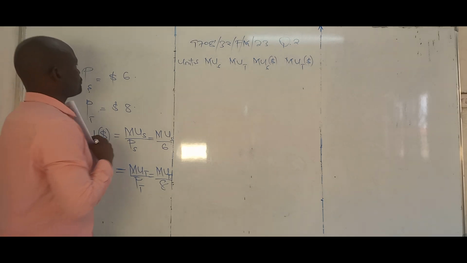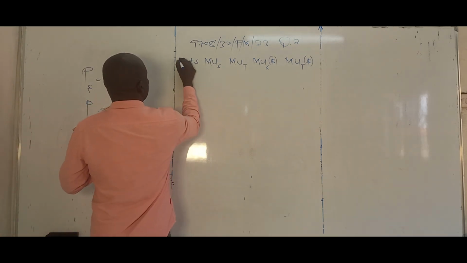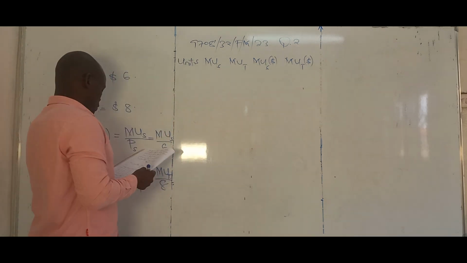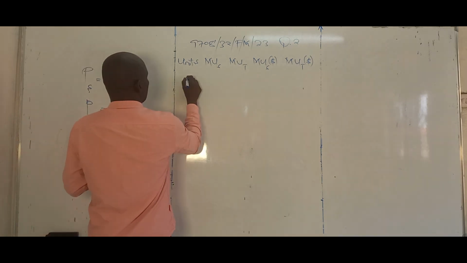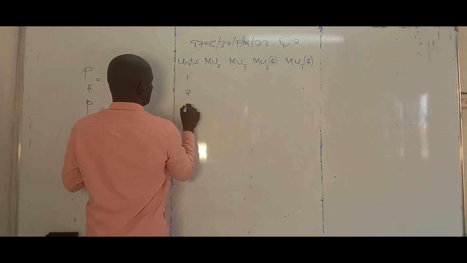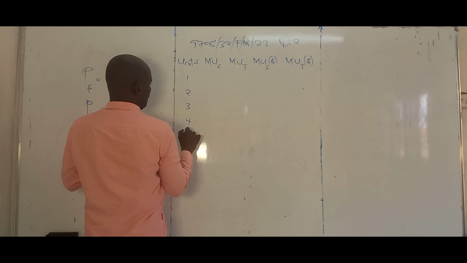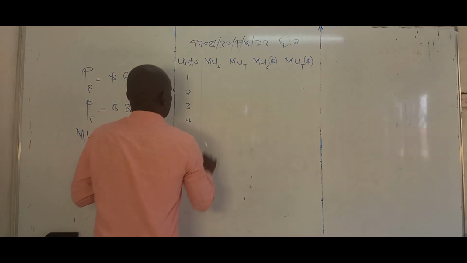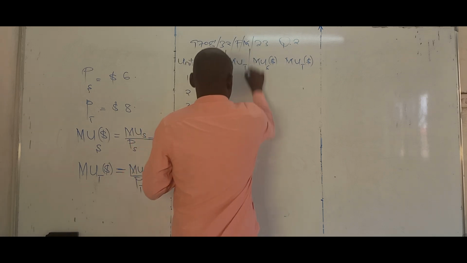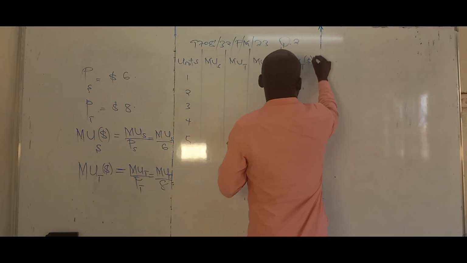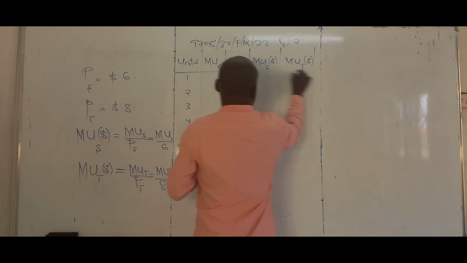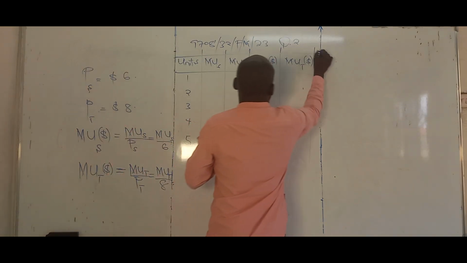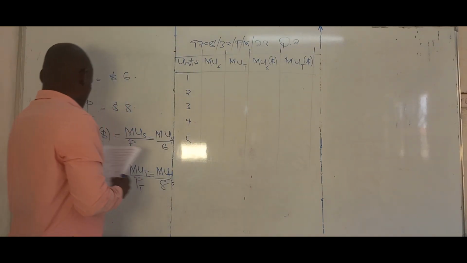The next step now is, we add how many units? 1, 2, 3, 4, 5. So I'll be having this.